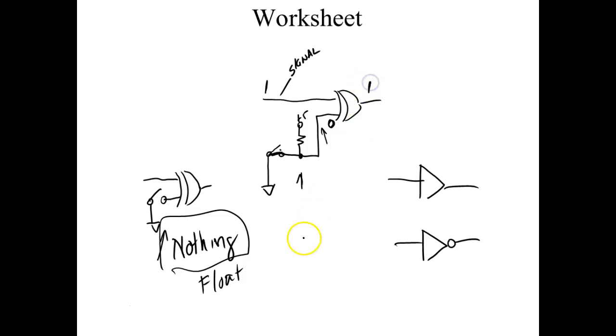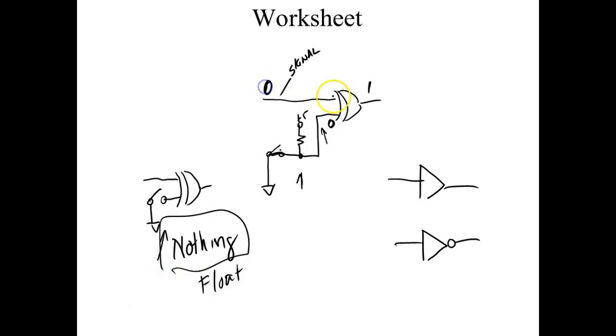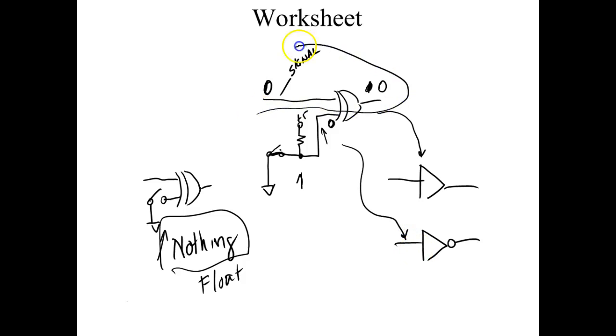A 1, because they're not equal, right? You understand? So 1 in gives me a 1 out. If I come over here and make this a 0, then my output would go to what? A 0. So now it's acting like this guy. Before it was acting like what? Like that guy right there. We're talking about from here to there.